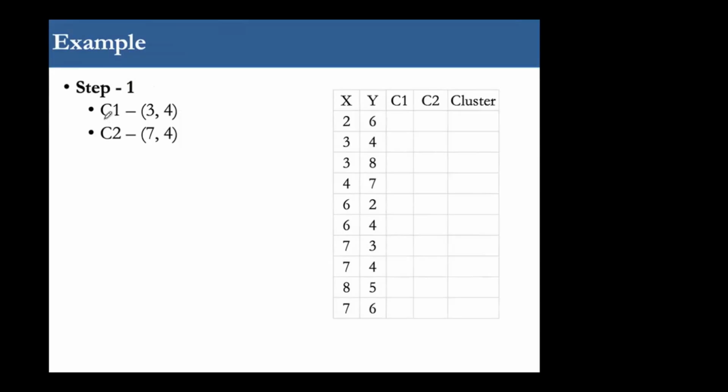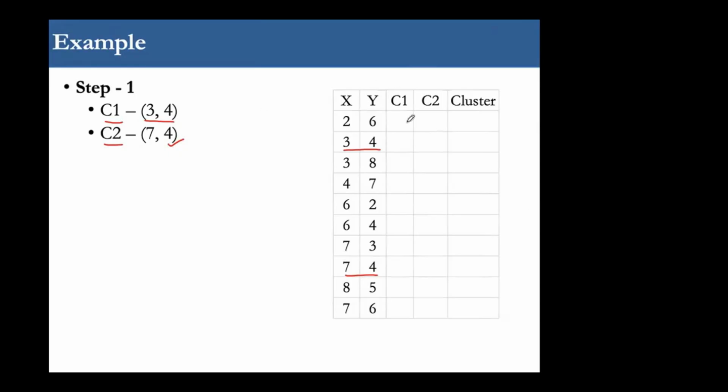Here we are using two clusters, C1 is the first cluster and C2 is the second cluster. Unlike K-means, in K-Medoids we will be choosing a data point as the cluster center. That is said to be the medoid. So in this case, (3, 4) is chosen as one cluster center, and (7, 4) is chosen as another cluster center. We'll call them medoids.